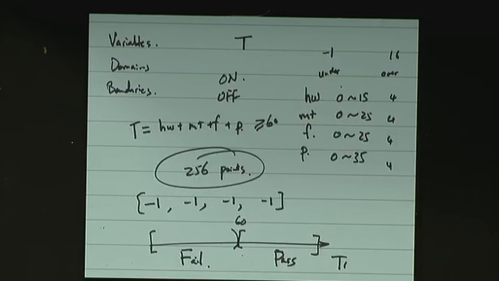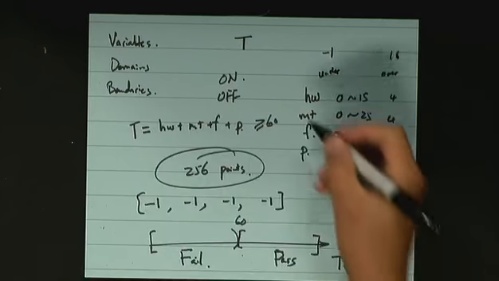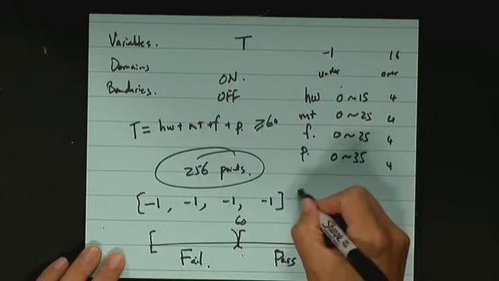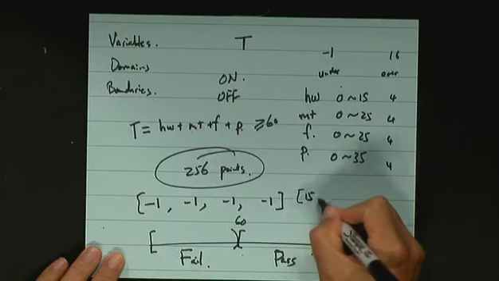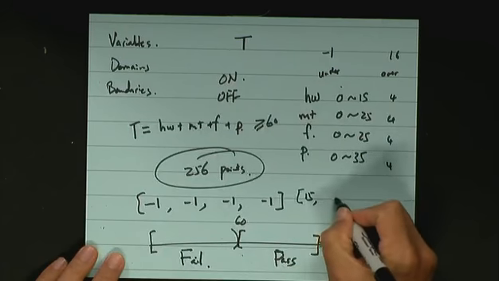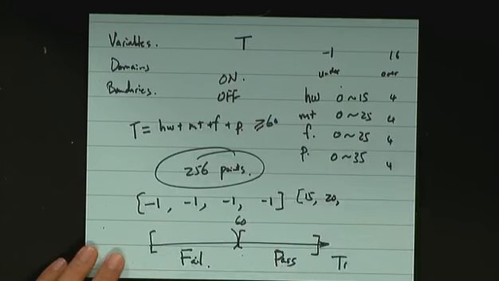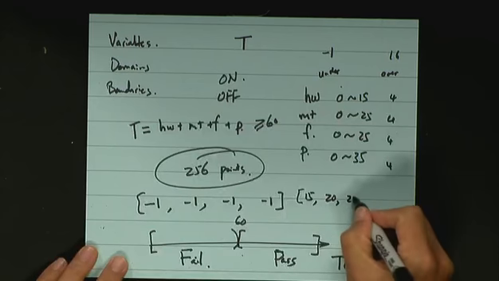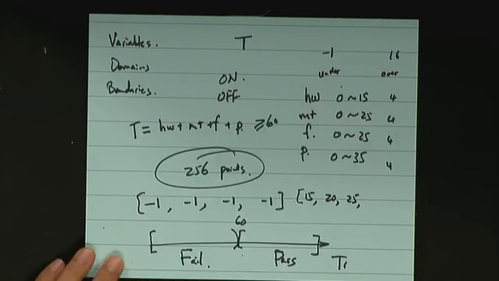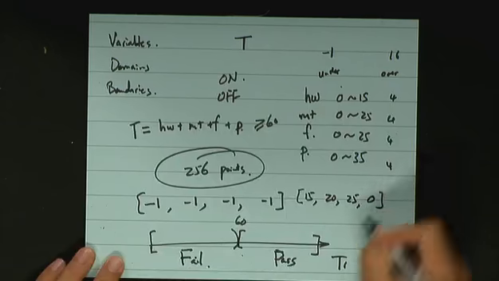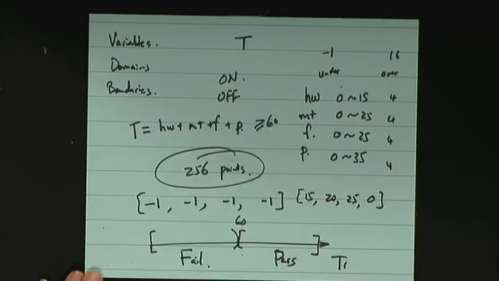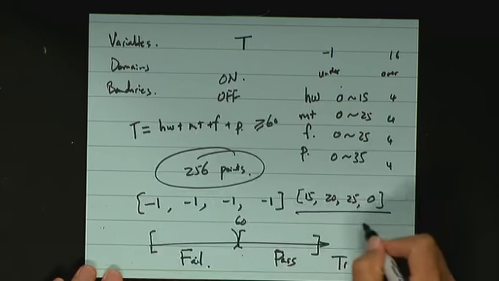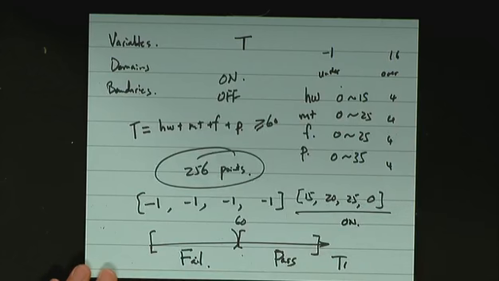So I can get something like 15 out of 15 from my homework, 20 out of 15 in my midterm, and 25 out of 15 in my final, and 0 in my project. Well, I got 60 points. So this one is an on point, and then I need an off point.